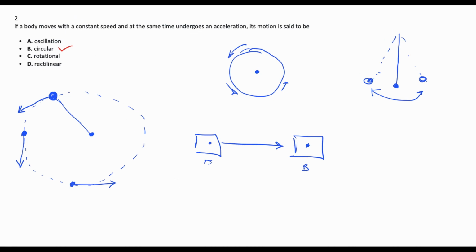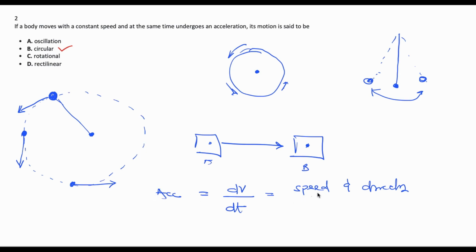Now, what is acceleration? Acceleration is defined as the change in velocity over time. Don't forget that velocity is a vector quantity, and it is composed of speed and direction. So if the speed is changing over time, then the body is said to be accelerating.